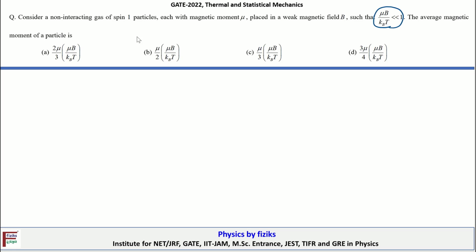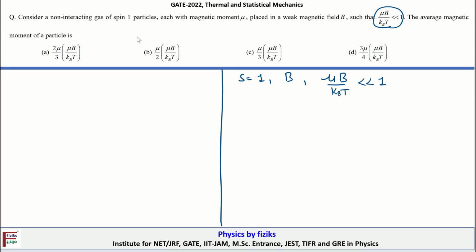So we are given a spin 1 particle, S is equal to 1, placed in an external magnetic field, and we are also given the condition that mu B upon kBT is much smaller than unity.